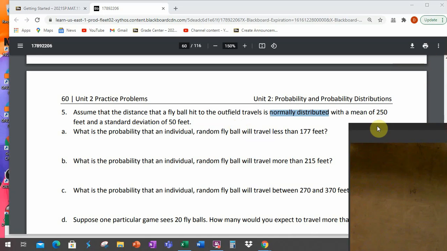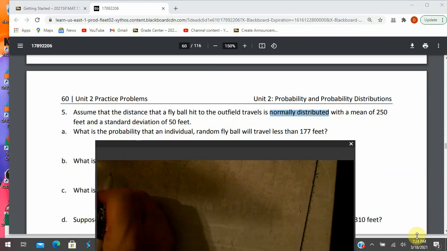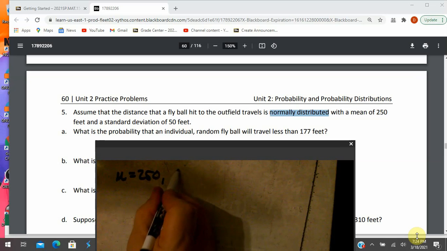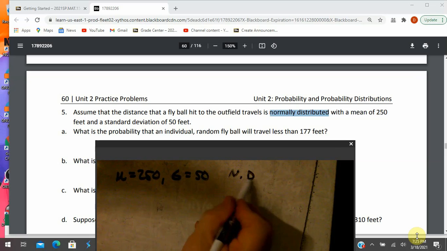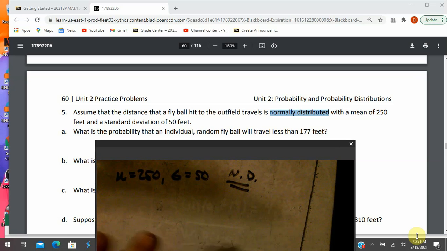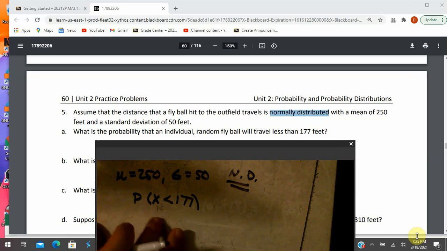So this is asking, I've got a mean of 250, standard deviation of 50 feet, normally distributed. I want the probability that an individual pick, whatever this thing is, would be less than 177. Out of all of the numbers, what is the proportion that's less than 177?